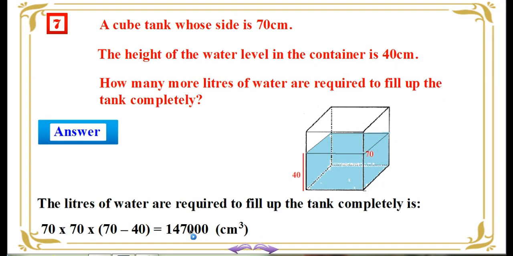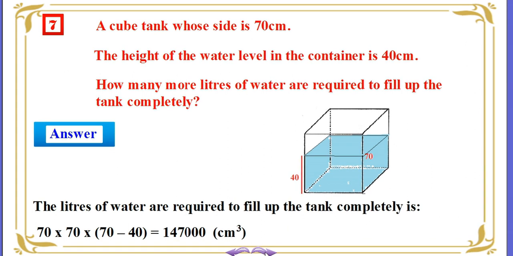But this is not the result they ask for. The answer they ask for is in liters, so this is not liters, and you have to convert. 147,000 cubic centimeters is 147 liters.